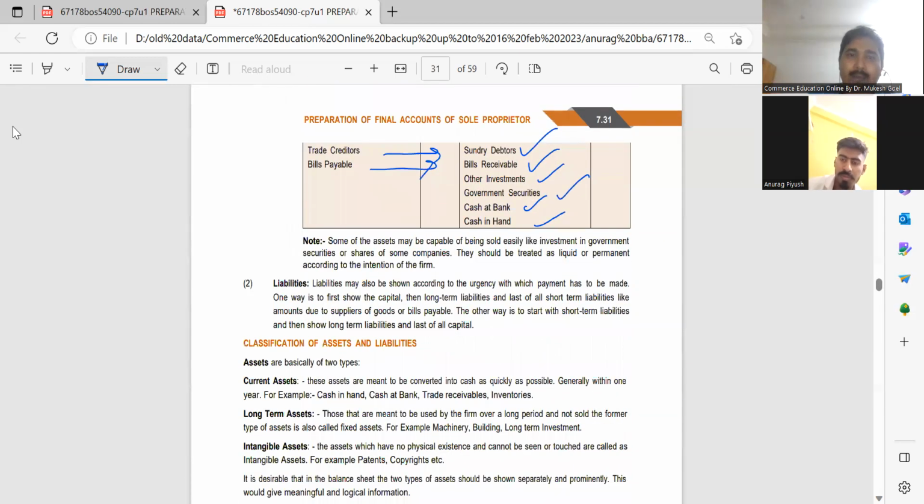And what do you mean by liability? Liability is the obligation of the business which the businessman will have to pay after some time.